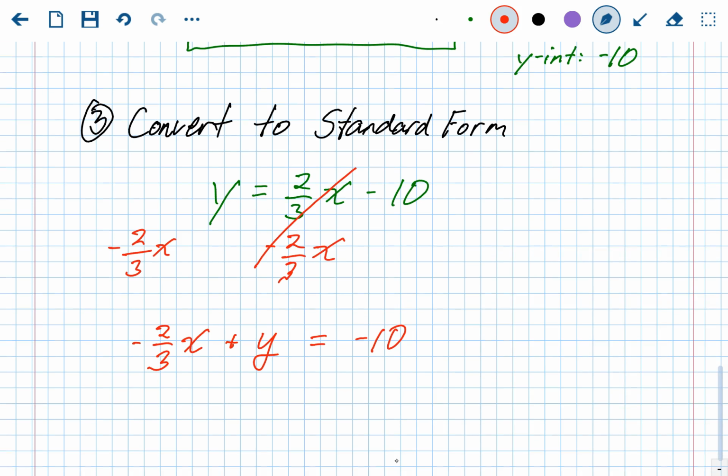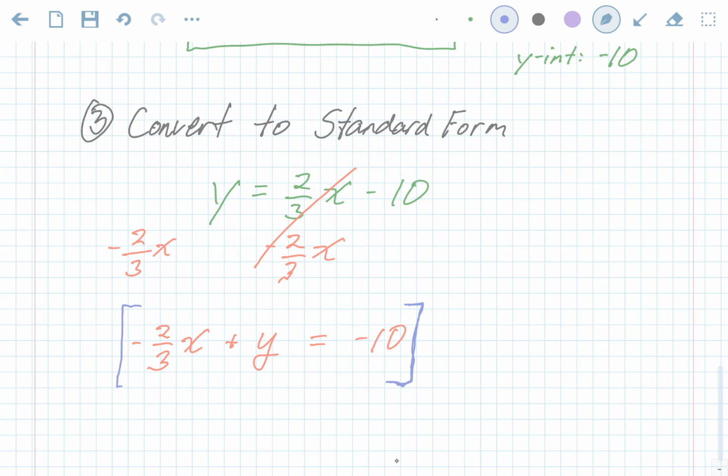Now remember, standard form had some rules. You're not supposed to have fractions as your coefficients in standard form. We currently have a fraction coefficient of -2/3. So what we're going to do, if you want to get rid of a fraction that's in an equation, you can multiply the entire equation by that denominator. Now also remember, one of the other rules was that a should be positive. The number in front of x should be positive. We have a -2/3. So we could kind of kill two birds with one stone here, get rid of the negative and get rid of the fraction if we multiply the entire equation by -3.